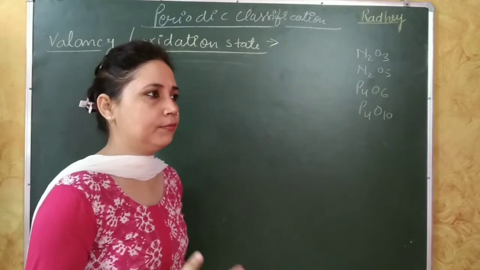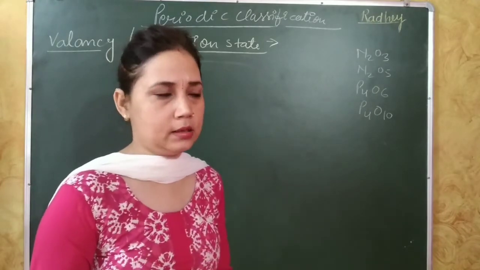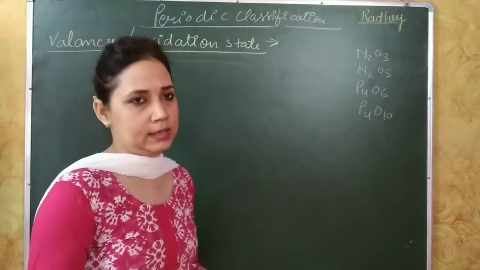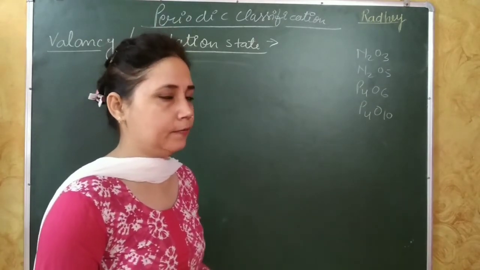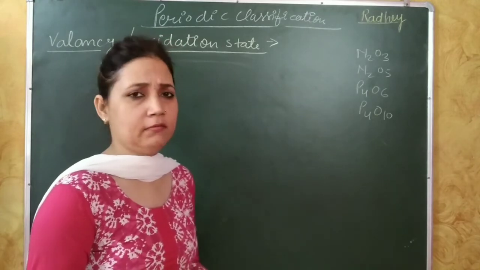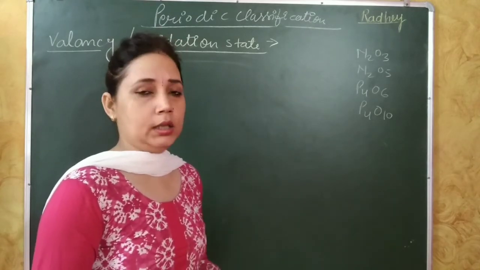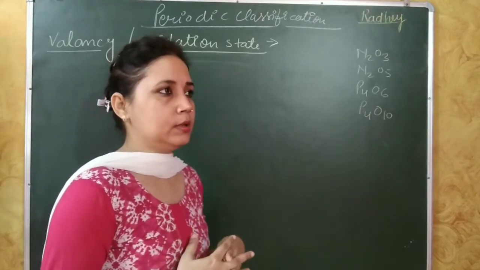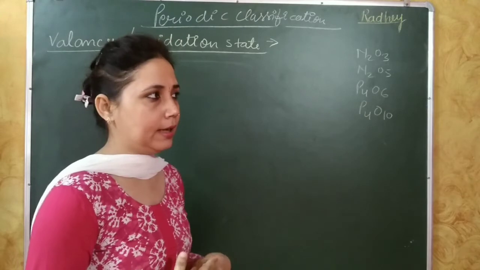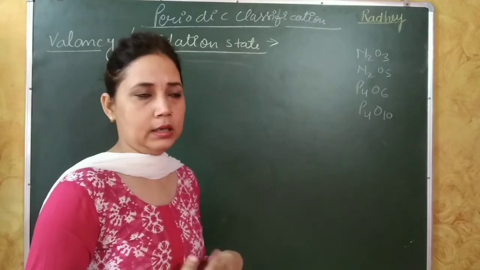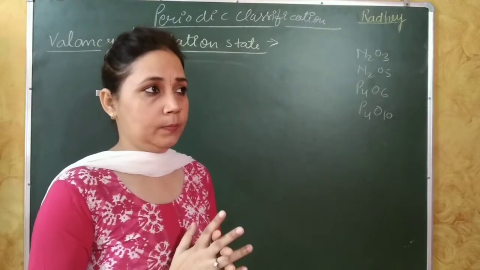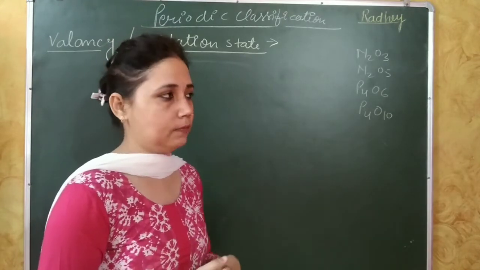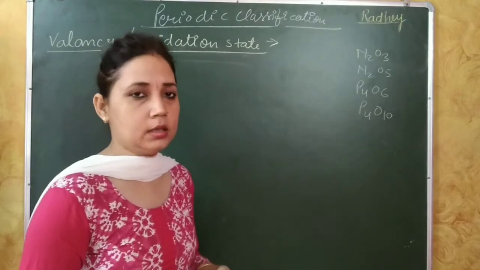So when an atom has 1 to 3 electrons in its outermost shell, it loses these electrons, and if it has 5, 6, 7 electrons in its outermost shell, it gains electrons. When an atom loses electrons, it gains positive charge, and when it gains electrons, it gains negative charge.